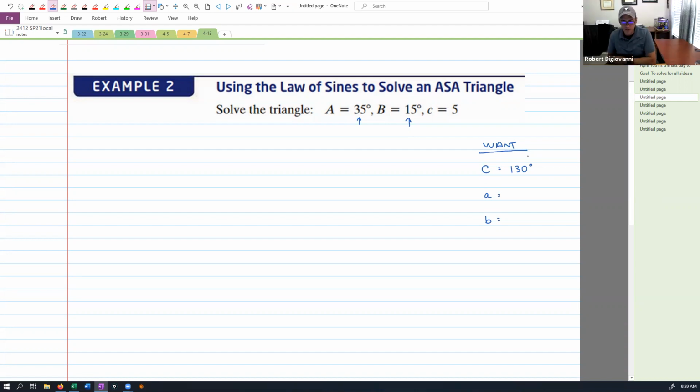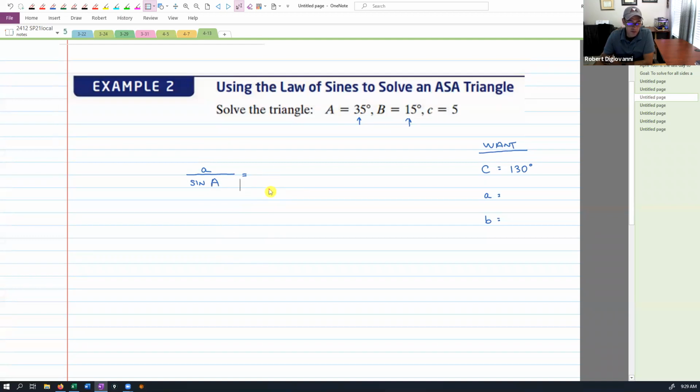Okay, that's good. So let's go after little a. Since little a is what we're looking for, I'm going to write down little a over sine of capital A. What are we going to use?